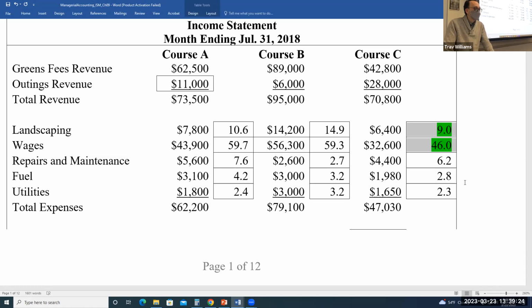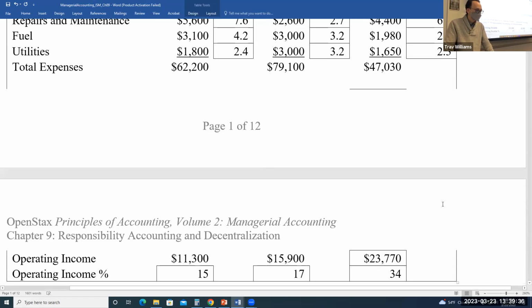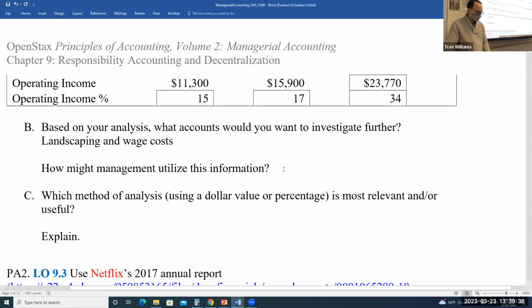On the other hand, is it possible that we investigate and again, we find course C is cutting corners or cheating, right? And then we want to take a different action. So I would say, share the best practices between the courses.